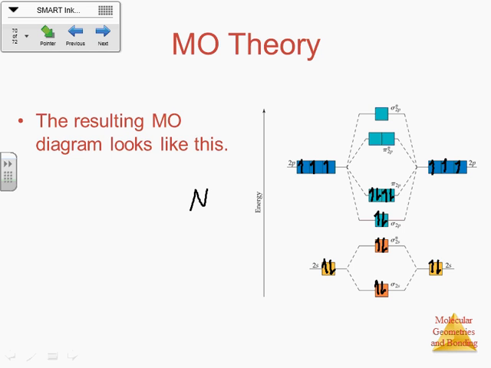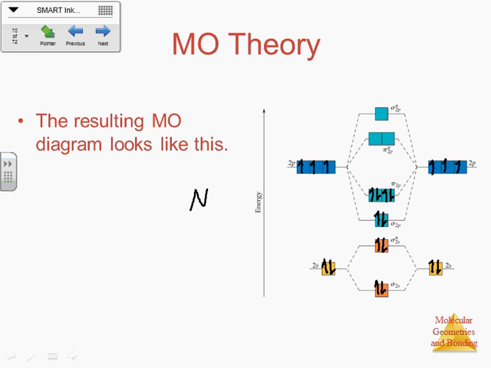Is that how it fills? I need to double check that, because that doesn't seem to fit with Aufbau's principle, does it? Make sure I'm not teaching you something wrong here.